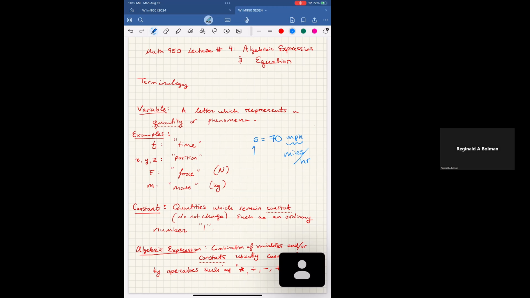And just in general, a variable is a letter which represents a quantity or phenomenon. Now, this is different than what is called a constant. Any quantity which remains constant, as the name implies, i.e. it doesn't change, is called a constant. A constant is a quantity which cannot change.